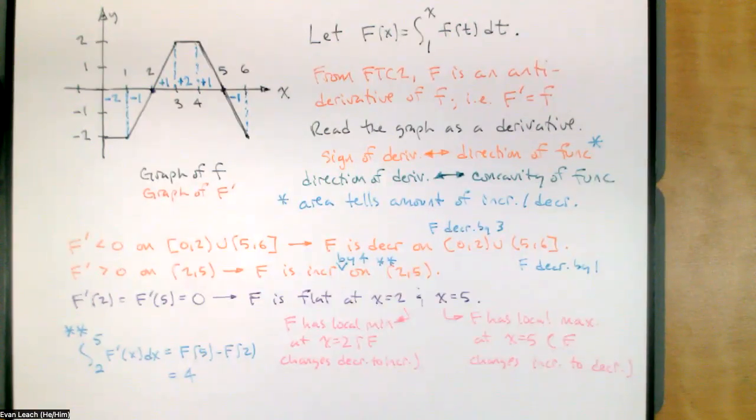Any questions? Trying to build a picture by identifying everything that we can read from the derivative. So let's go on. This is a lot of information that we've acquired, and we can actually compute values.